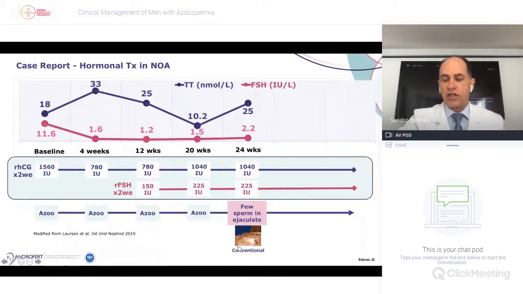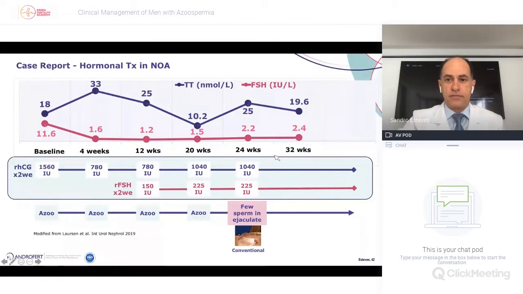So we started to freeze sperm using the conventional approach, with liquid nitrogen vapor freezing. But we could not get motile sperm after thawing.